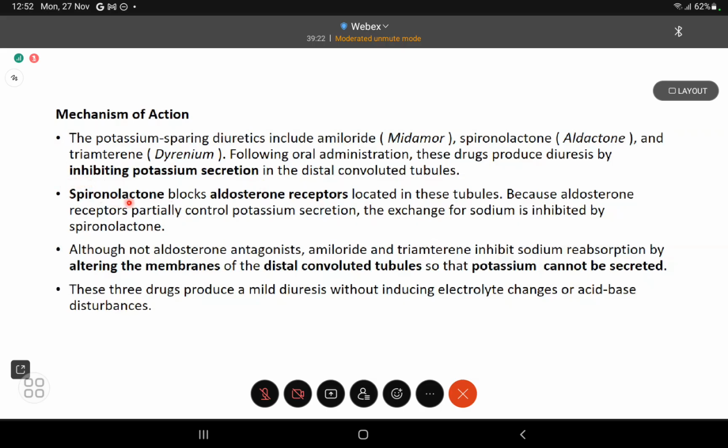Spironolactone has another extra benefit: it blocks the aldosterone receptor. By doing so, you inhibit sodium transportation and control the potassium secretion.